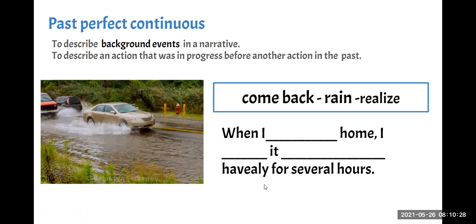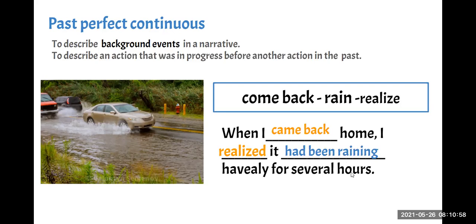When I came back home, I realized, very good, it had raining. Not raining. How do we form the past perfect continuous? It had been raining. Very good.